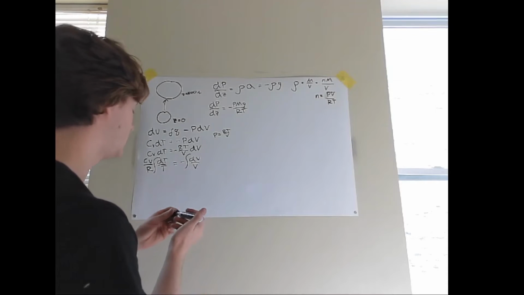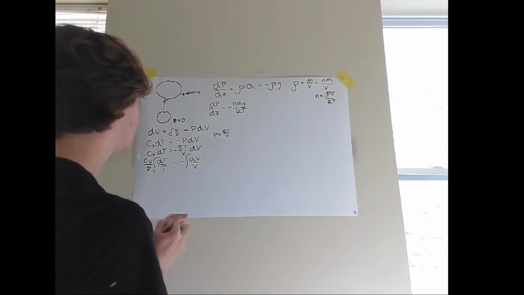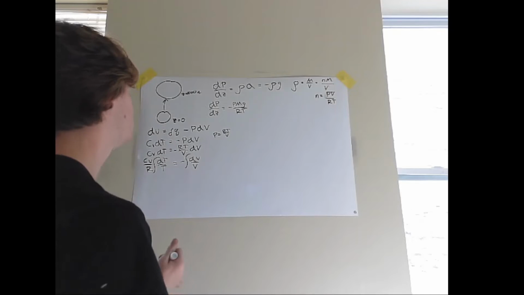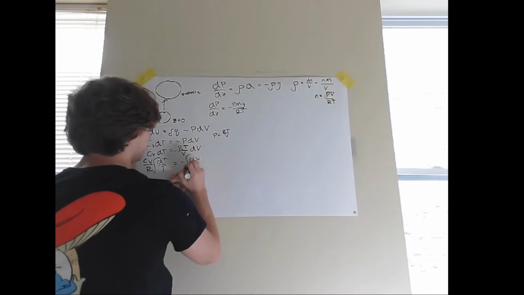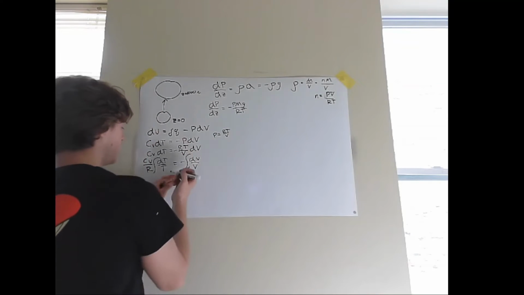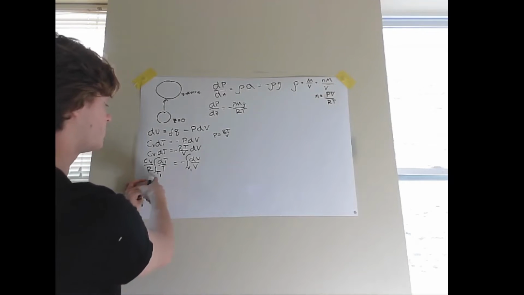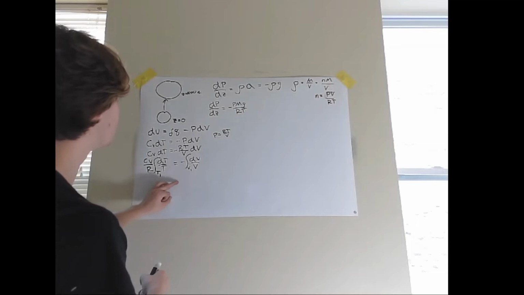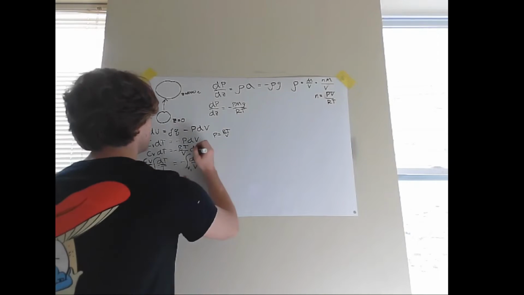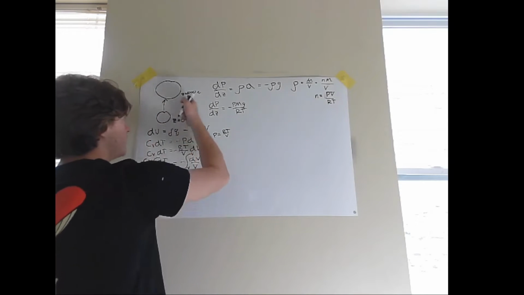So the lower bounds are going to correspond to this lower altitude. So V1 is going to be the volume at our lower altitude. T1 is going to be the temperature at the lower altitude. And then for our upper bound, it's going to be the volume at the altitude we're going to.